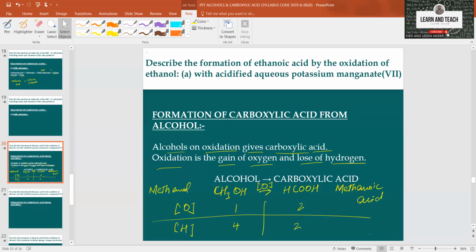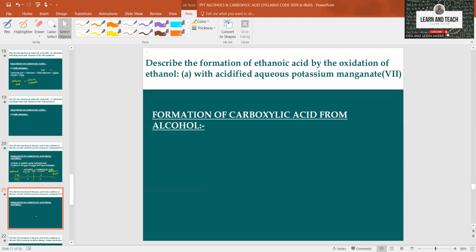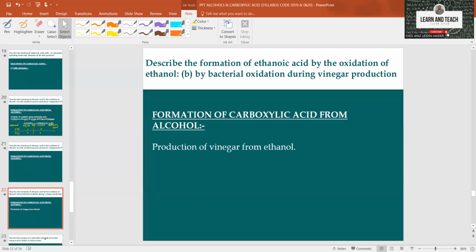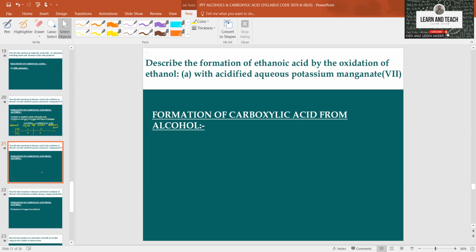Now the conditions of this oxidation, remember it takes place either in the presence of acidified aqueous potassium manganate, which is KMnO4, or it can also be done by bacterial oxidation. The formula for potassium manganate is KMnO4. KMnO4 is the oxidizing agent.